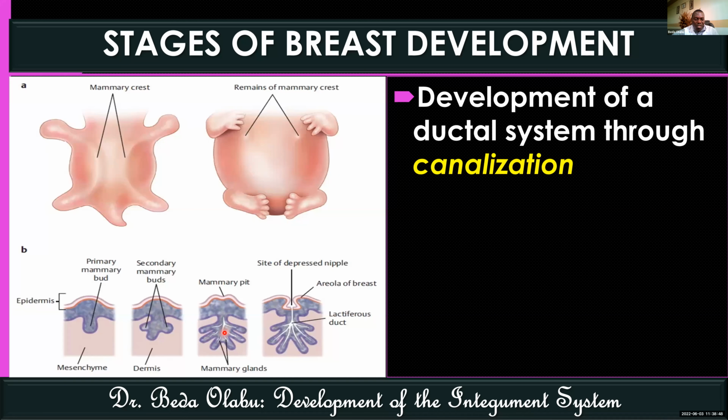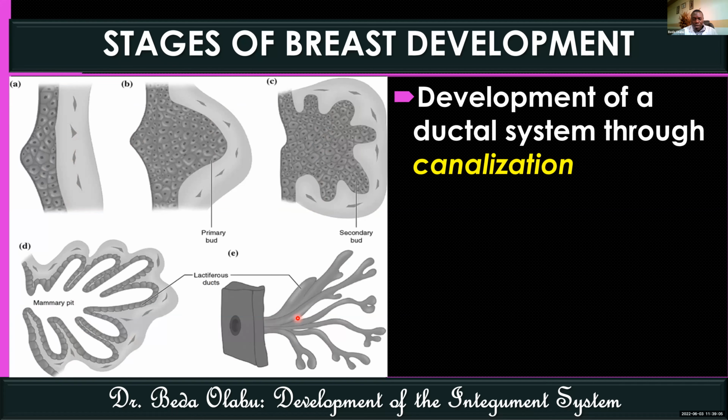So we have canalization first in what was originally the primary bud, then canalization extending into the secondary bud, as you can see in that image and also depicted in the last image there. These ones also show you the secondary buds. Then this one shows you canalization.